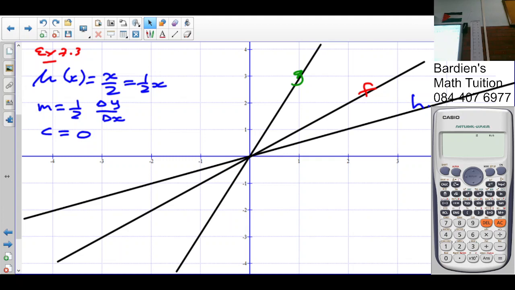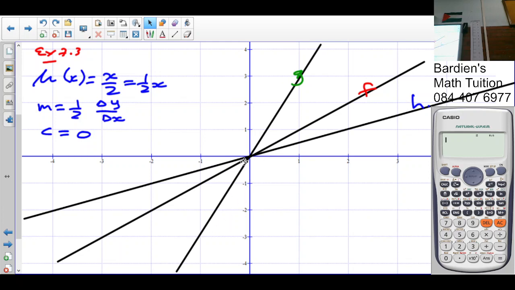Let's look at the next question. So the question is, choose the correct option. So that means to say the gradient is positive. The graph will slope up. Okay. Which of the three graphs is the steepest and which one is the least steep? So which one is the steepest? g of x is the steepest.